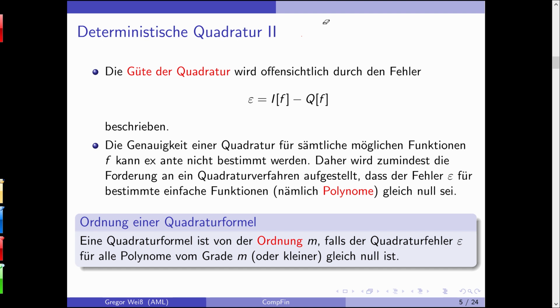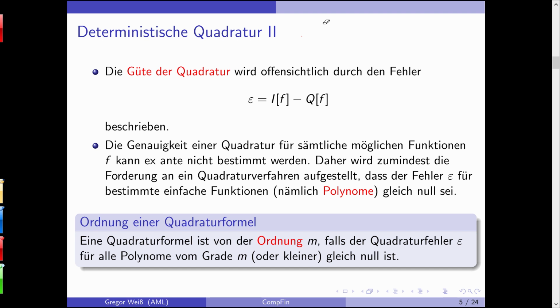And this is why we call a quadrature formula to be of order m if the quadrature error epsilon is 0 for all polynomials of order m or smaller.